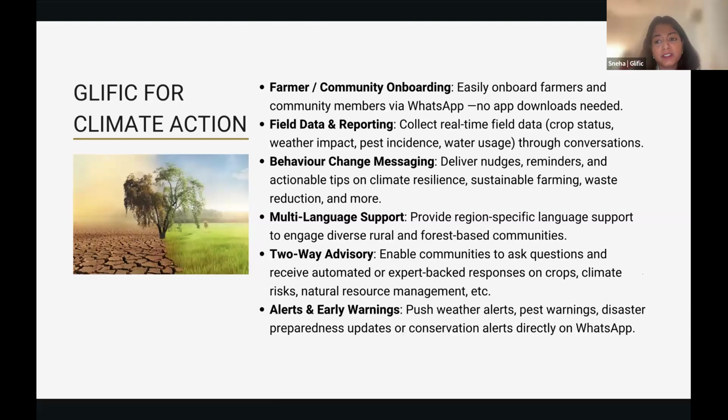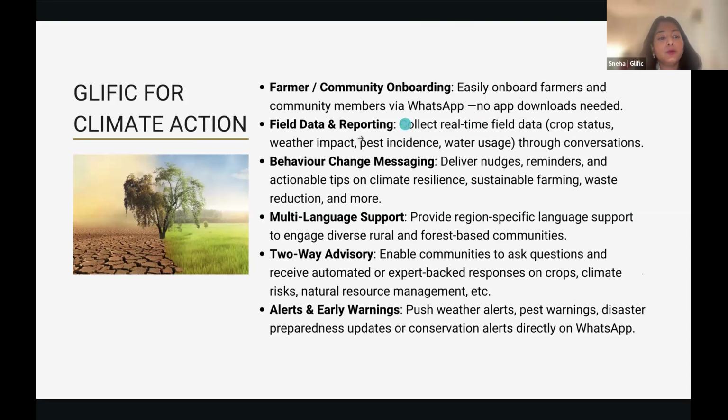So the first thing is it's an easy to use platform. For a user, there's no extra setup needed, there is no extra app needed. All the farmers, community members receive everything at one place through WhatsApp.